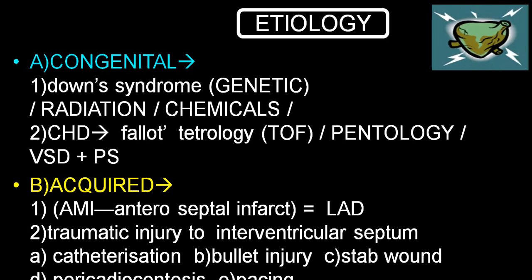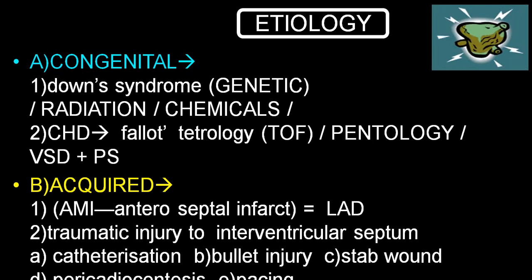Among acquired groups, we have already mentioned acute MI, anteroseptal variety, which is because of the left anterior descending branch, and that can produce rupture of the interventricular septum and acute VSD, leading to acute congestive heart failure. You can have traumatic injury to the interventricular septum during catheterization, bullet injury, stab injury, pericardiocentesis, or during pacing, quite common.